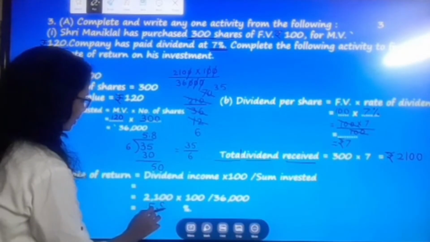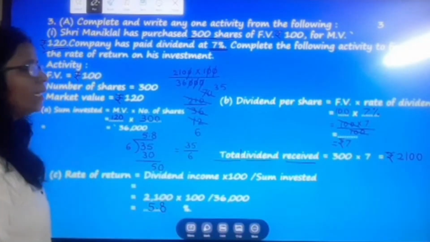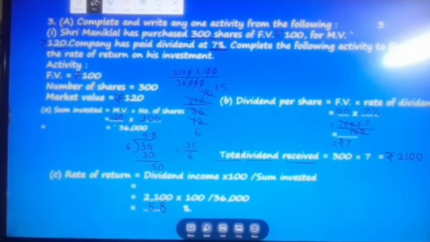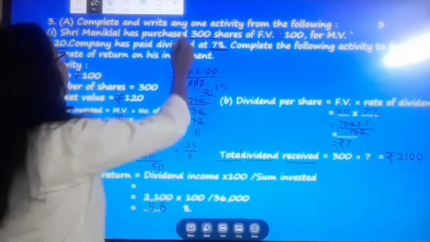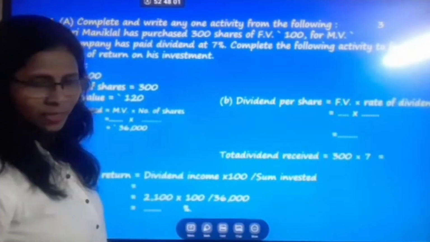Okay students, the rate of return is equal to 5.8%. Okay, see, you can check out whether it is correct or not. Okay, so next example students, see the next one.